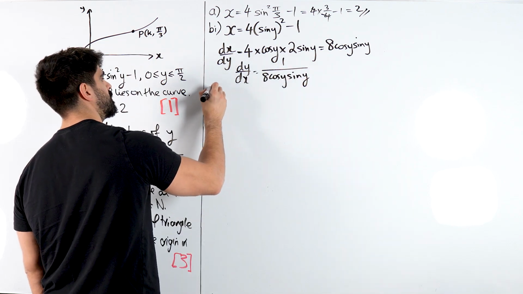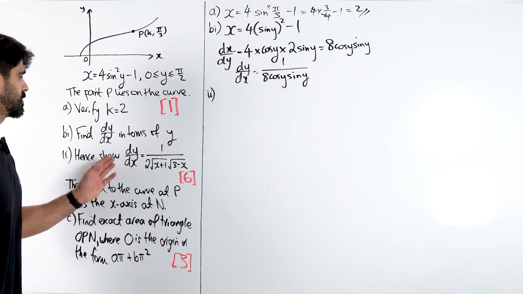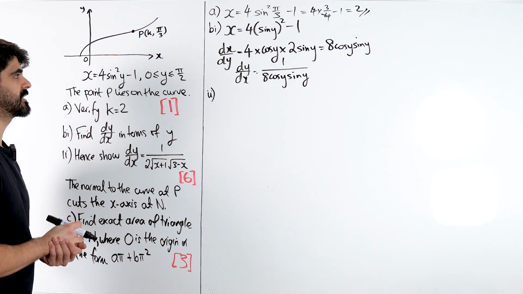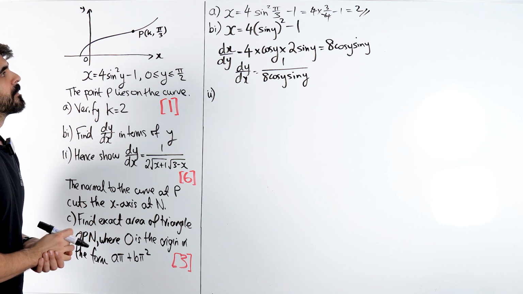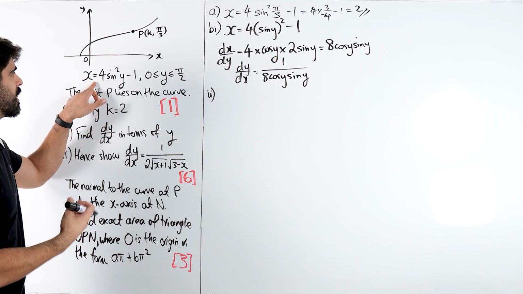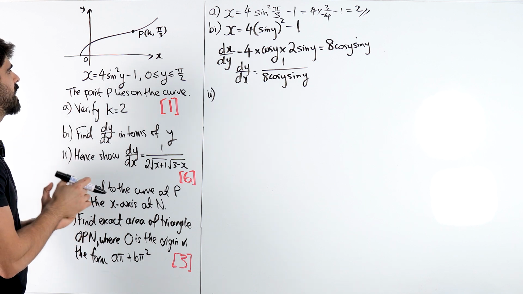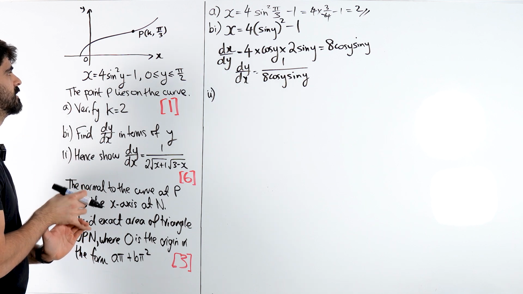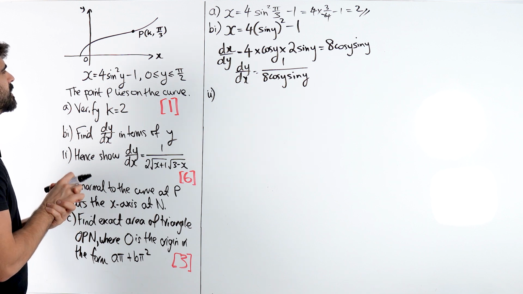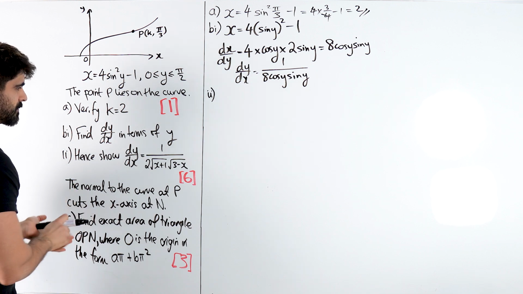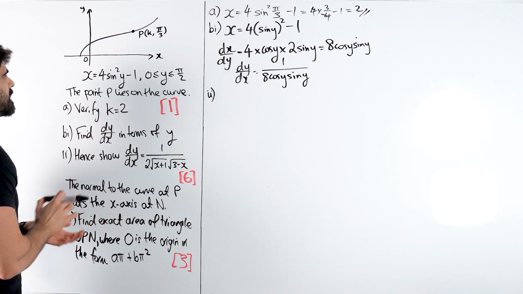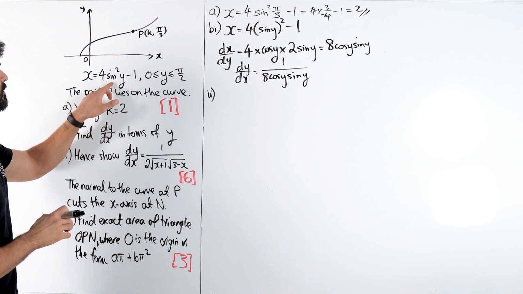Okay, part 2 is convert it back to x. Show that dy by dx is actually that. Now we're going to have to use this to rework it back to x. Now, sine looks like an easy one to do, right? I guess you just go with your instinct. So I'm going to rearrange for sine squared y.